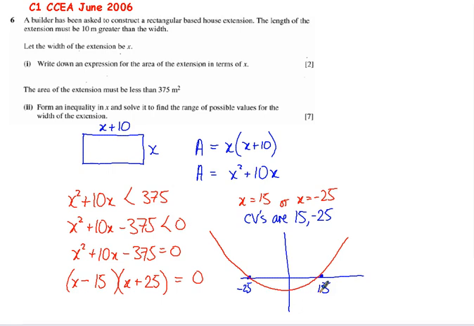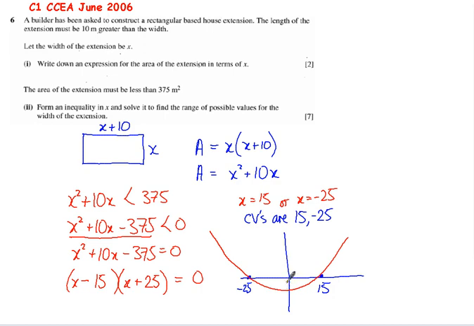Now, that's all very well, but what we're asked to do is find when is this expression, when is that curve less than 0? Well, it's less than 0 when the curve is below the x-axis.